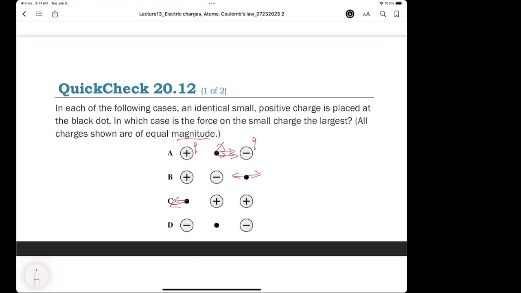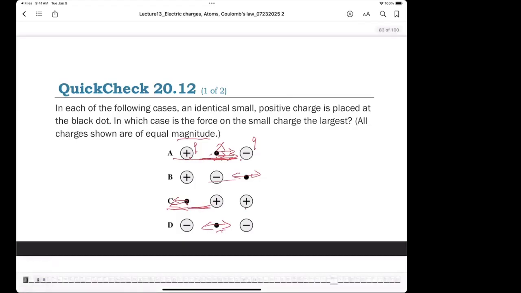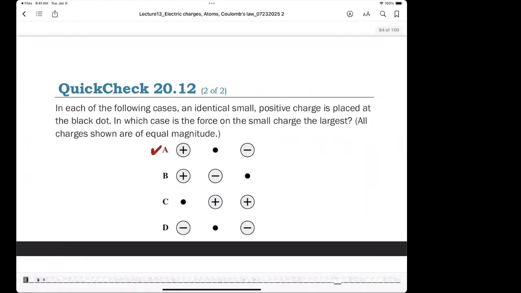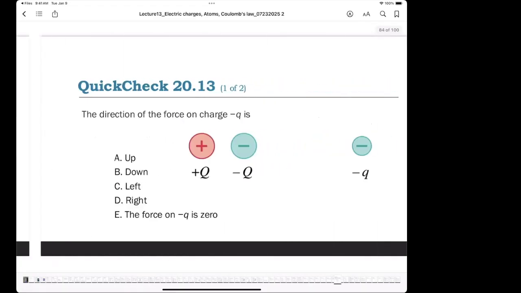Because it is positive, this one and this one are bigger than this one, because these two cancel out, and this one adds together. This one is close to this, but this one is close to this but further than this. That means this must be greater than this one. Does it make sense to you? So the answer will be A. Okay, let's continue to talk about this one.